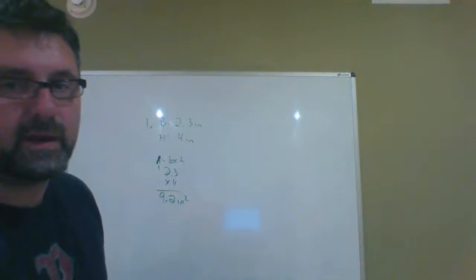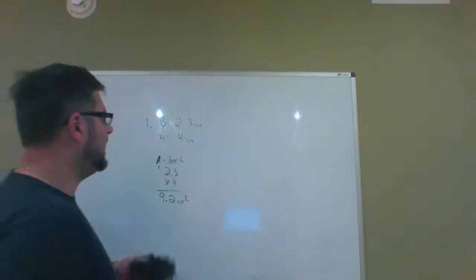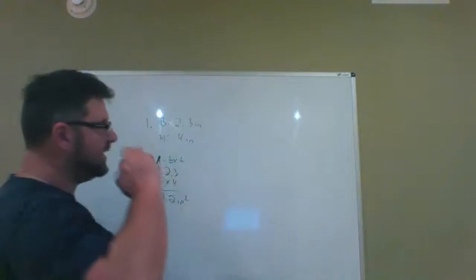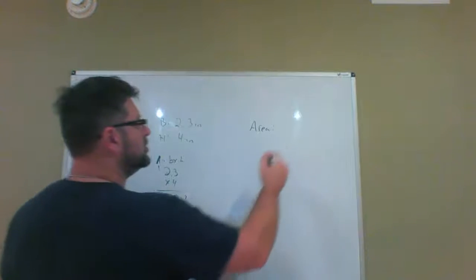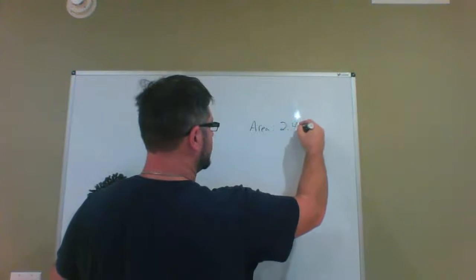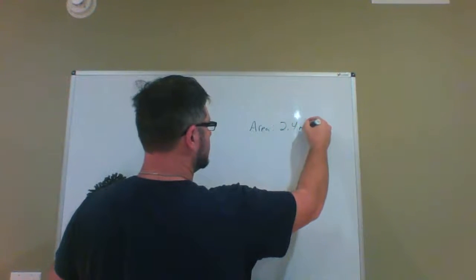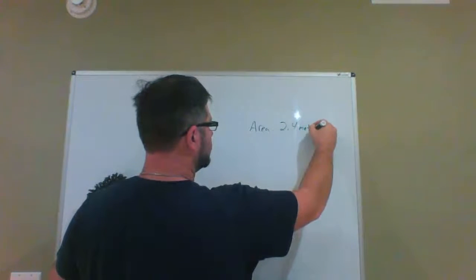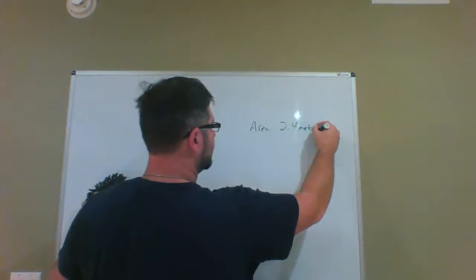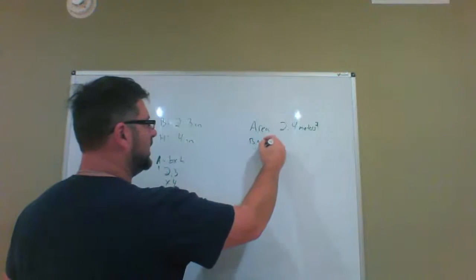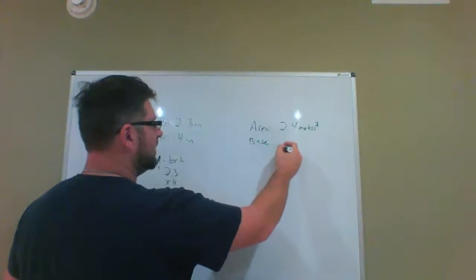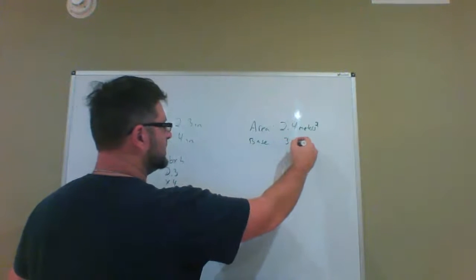Parallelogram has a base of 3 and an area. So now I'm going to give you the area. All right. So if I had a parallelogram with an area of, let's say, 2.4 meters squared, and you have a base of, let's say, 3 meters.